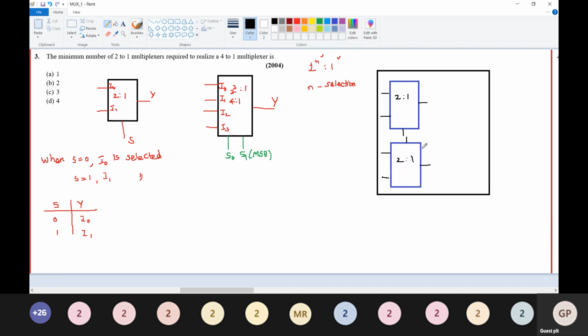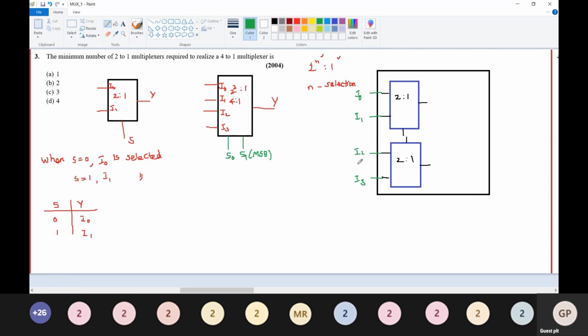Now for the first mux, it has two inputs, and I'm going to connect this as I0, this one as I1, and the inputs of the second mux are I2 and I3. So now you have four inputs.